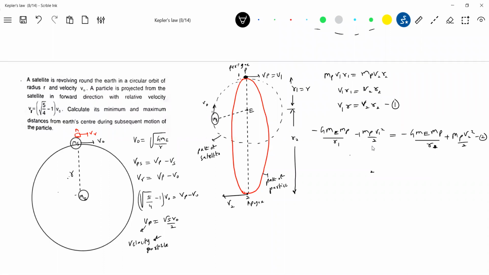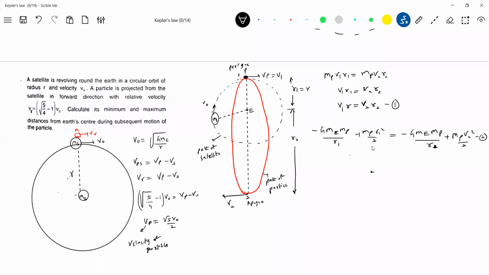But what to do? The other things are there, no? So for GM_E, you can write V naught here. What to replace with GM_E? This expression for V naught, can you take help of this one?